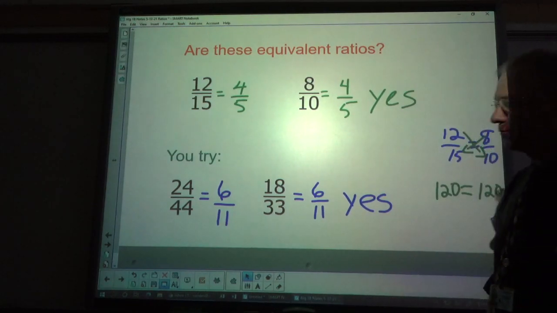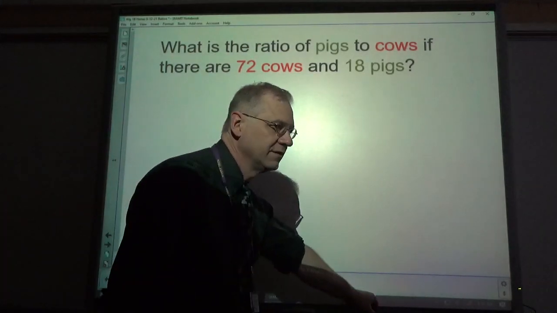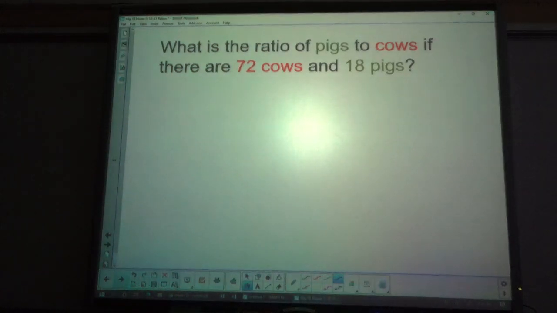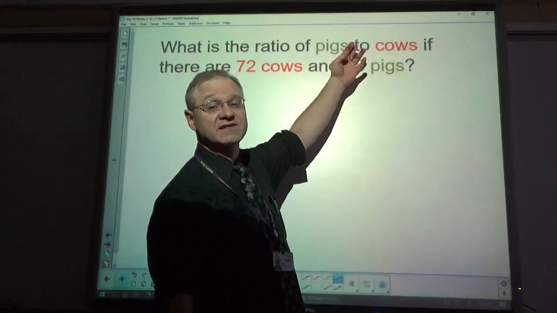All right. Last one. What is the ratio of pigs to cows if there are 72 cows and 18 pigs? It turns out on the MCAS test, they love to throw things like this at students. One of the reasons is they like to see whether you're really paying attention to which one was listed first.